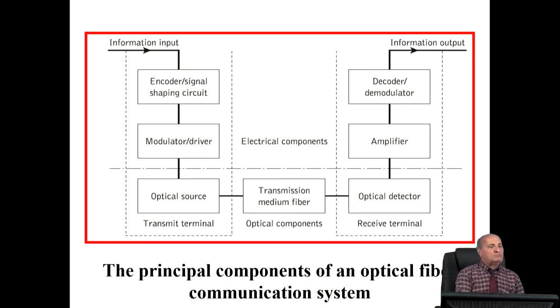The intensity modulation direct detection optical communication system may be used for analog modulation, where the signal is analog and the intensity of the laser is varied linearly with the information message, the electrical message.